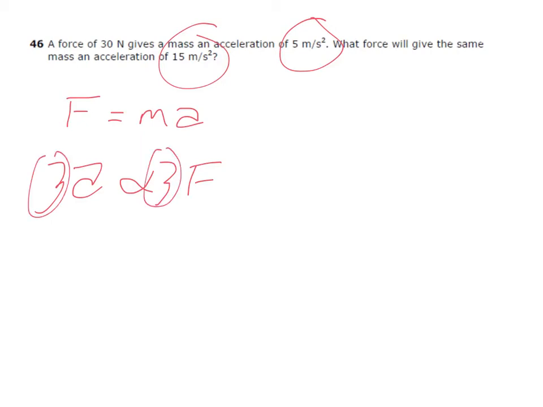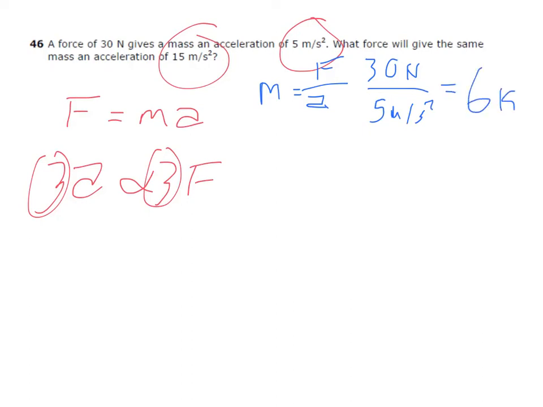If you want to do it the long way, which is quite all right with me if you're given all the proper information, you could calculate the mass first. This is the long way, but mass is equal to force divided by acceleration, which means it's equal to 30 newtons divided by 5 meters per second squared, which means the mass must be 6 kilograms.